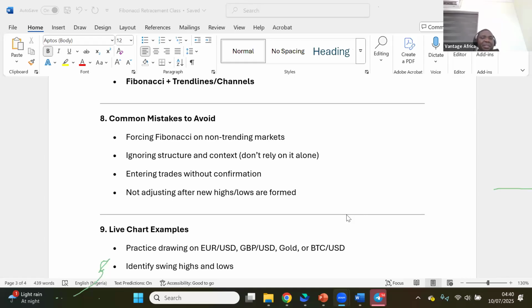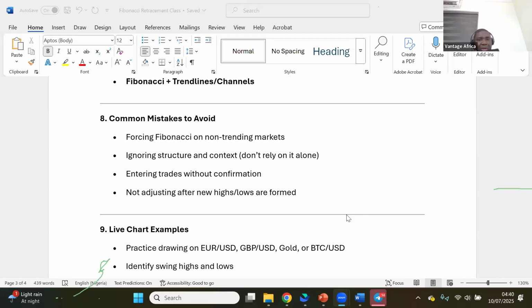And even if it respects it very slightly, it still changes direction quickly. So in that case, you should ignore using Fibonacci for non-trending markets. Now, of course, there are still some instruments that even though they are not trending, Fibonacci still works very well with them. But on a general note, it's best to use Fibonacci for trending markets rather than ranging markets.